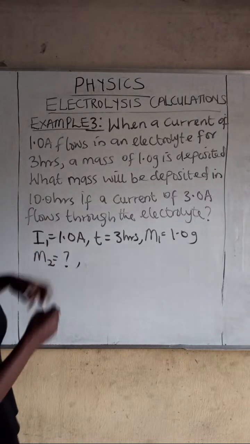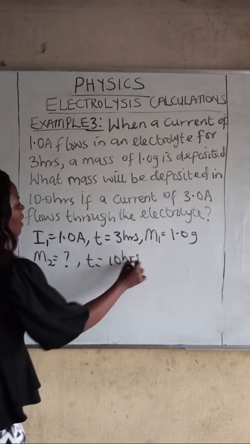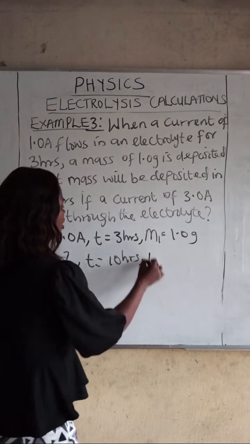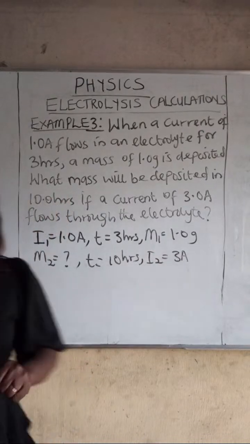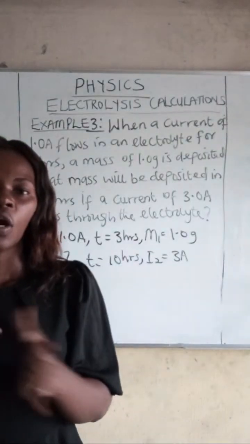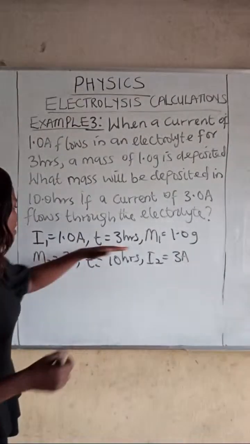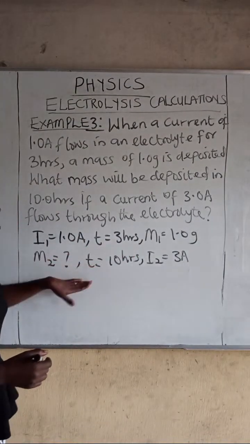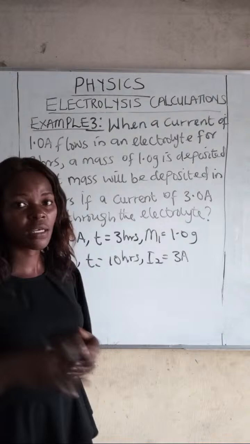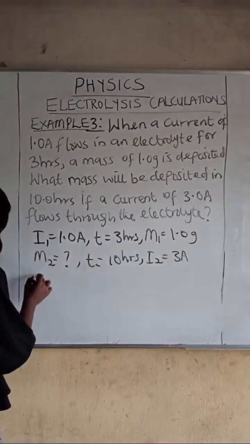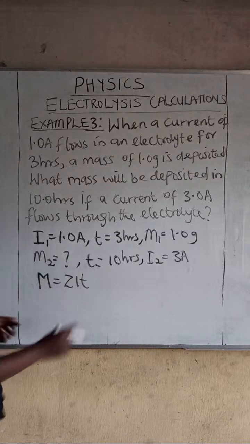My second time is 10 hours, and my second current is 3 amperes. Now you're going to do a comparison. This is the first set of parameters given, and this is the second. They have the same electrochemical equivalent, since M is equal to ZIT.